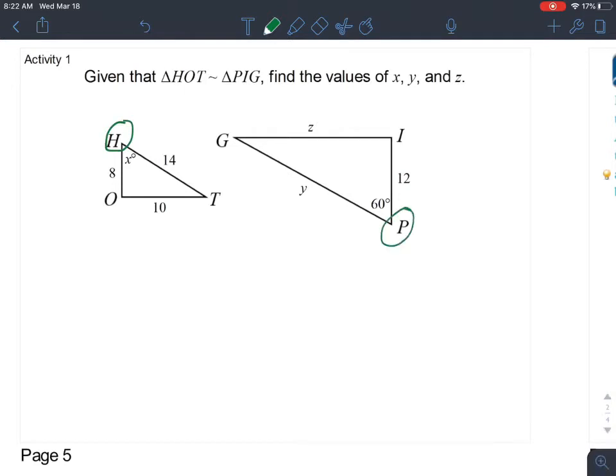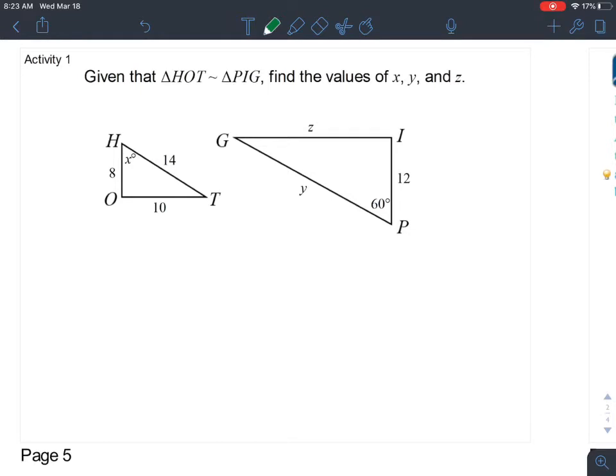So H and P go together, O goes with I, and T corresponds with G. It's kind of hard trying to visualize rearranging this triangle in order to get the angles to match up.